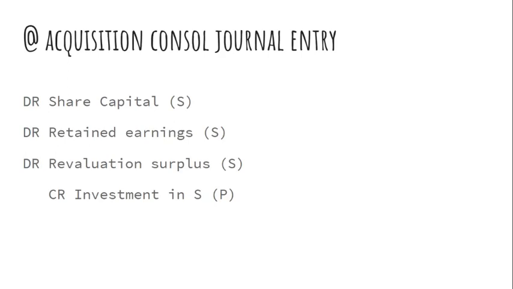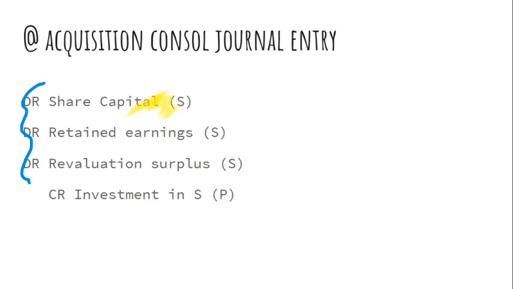Now here I've indicated 3 items, and the reason I did that is to show to you that the equity of the subsidiary that eliminates is all the equity items of the subsidiary at acquisition date. You are familiar with the share capital of the subsidiary.